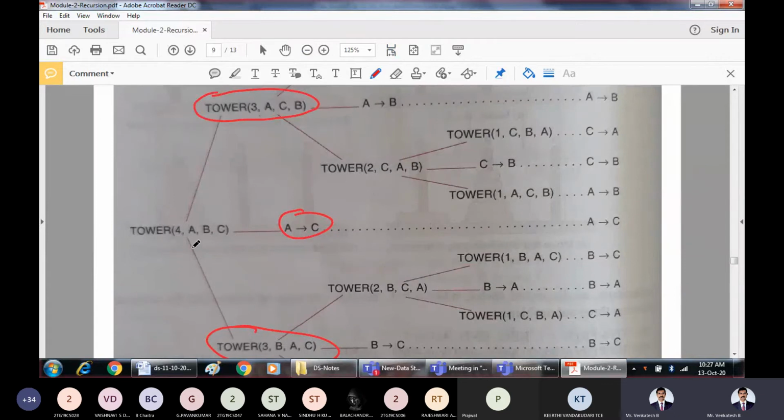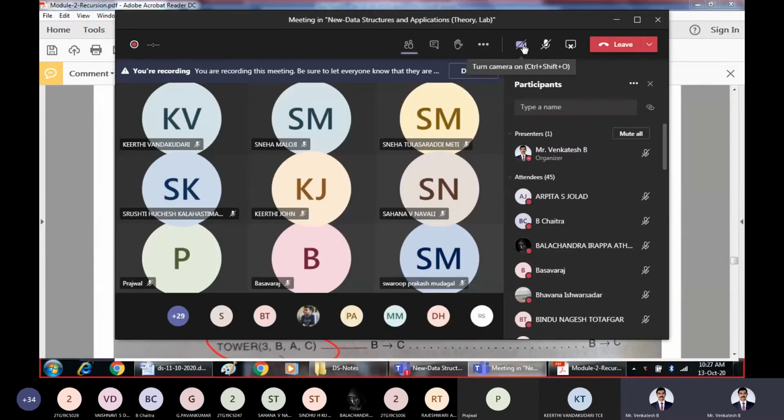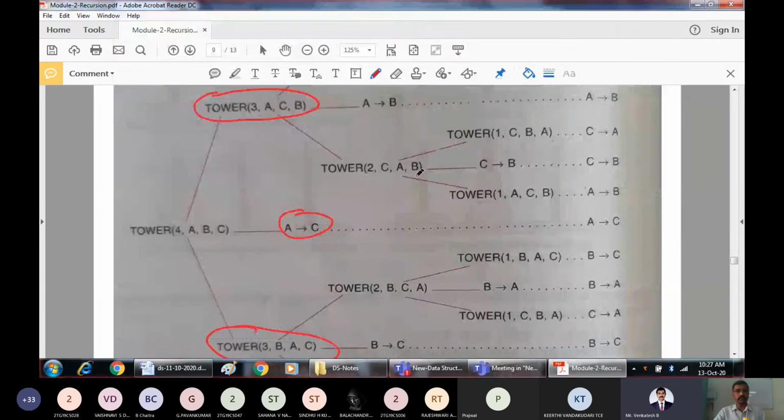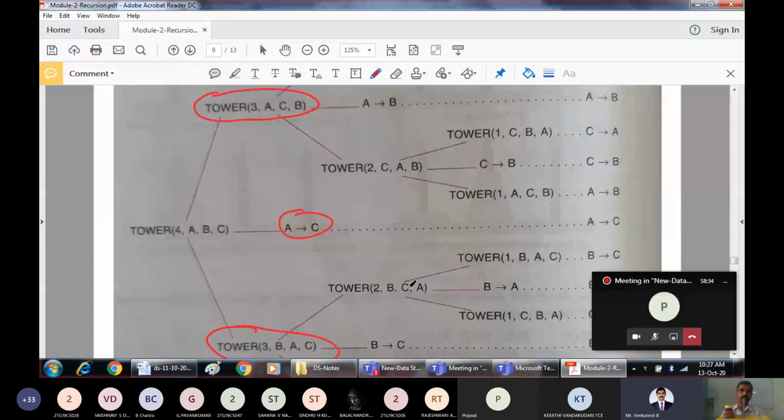So when you have the function, move the top n minus 1 disks from A to C. That was the problem we knew. So when we have disks at A, I should move them to C. What it says here is: move the top n minus 1 disks. N minus 1 is 3.